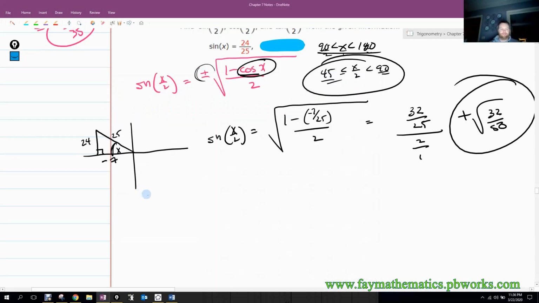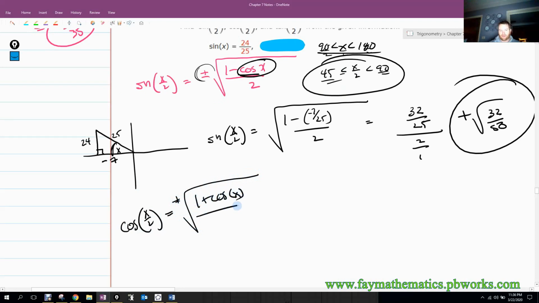So cosine, it's really nothing different. Cosine of x over 2 is equal to plus or minus the square root of (1 plus cosine of x) over 2. So now I look at 1 plus cosine of x. Cosine of x over here would have been -7/25, all over 2.